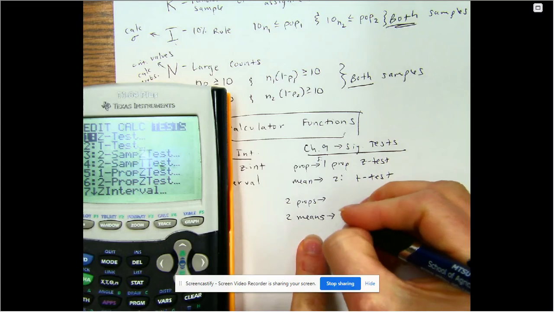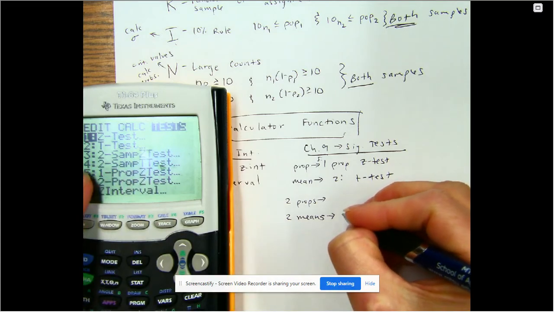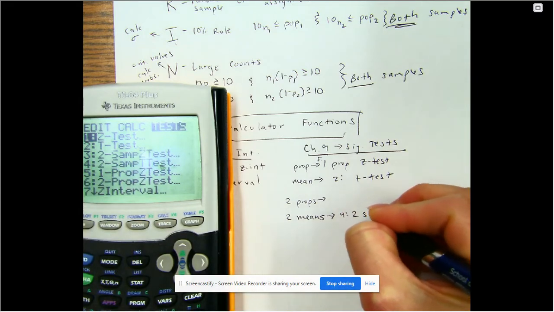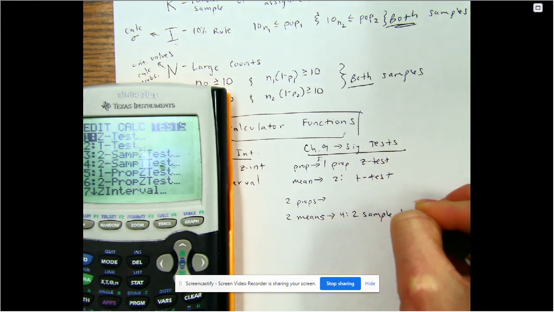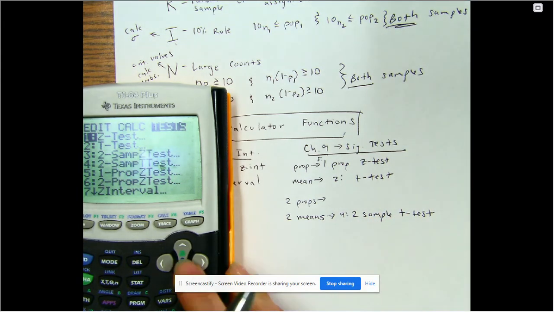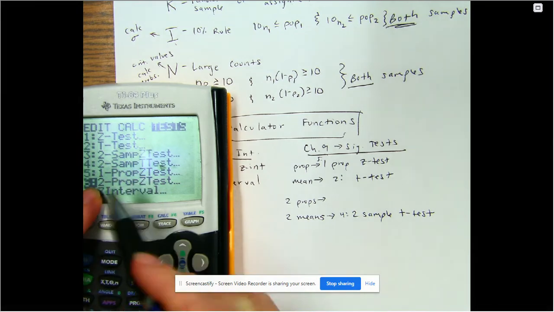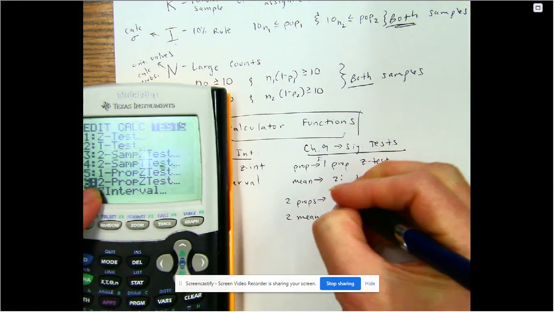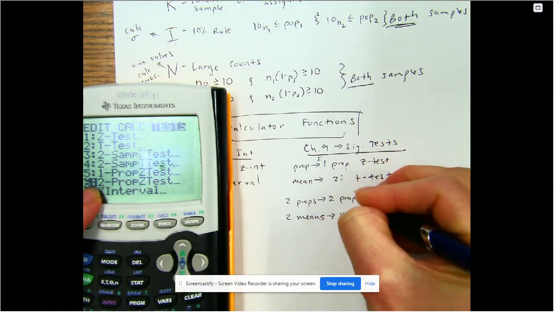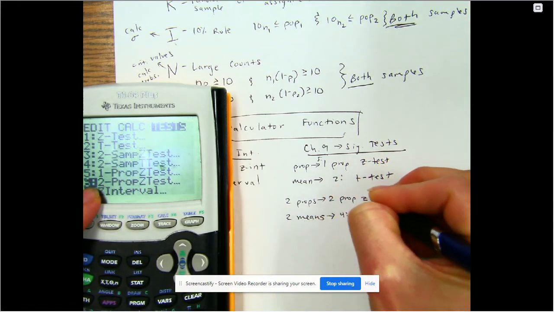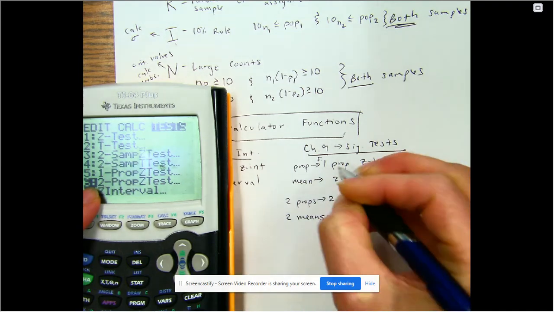So for means, you're going to go 2 sample t test, which is number 4. For proportions, I'm just writing the test down first because they come first numerically. In chapter 9 we used a 1 proportion z test. The only difference is we're looking at 2 different samples, so it'll be a 2 proportion z test, which is number 6.